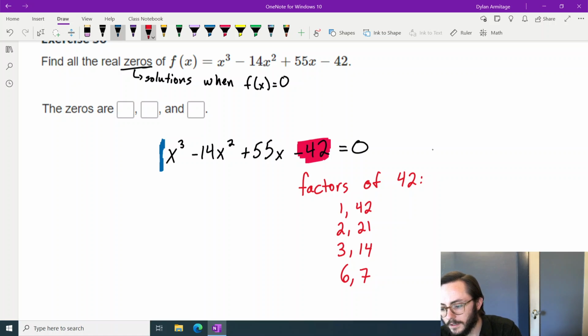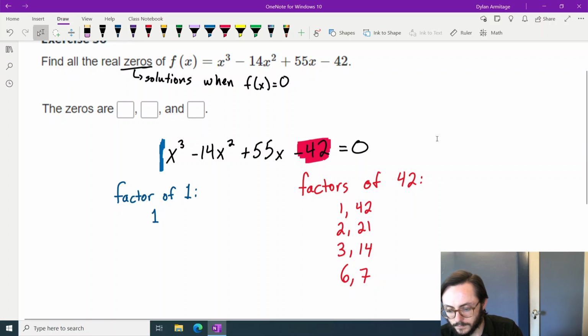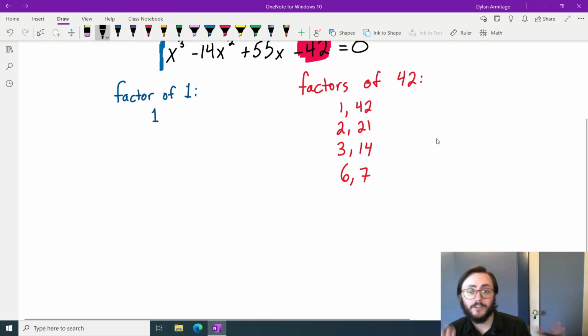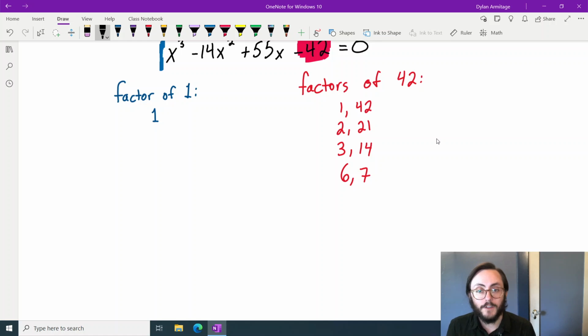Okay. Now let's see, our factors of the leading coefficient. Well, what are the factors of 1? It's just 1. Okay. So this means that any real zero to this polynomial, x cubed minus 14x squared plus 55x minus 42, will be of the form one of the factors of 42 divided by one of the factors of 1.